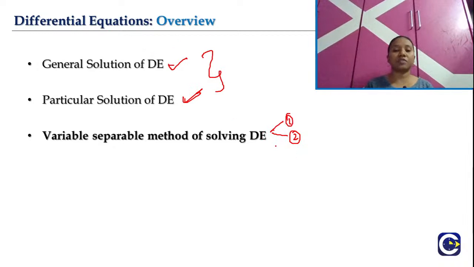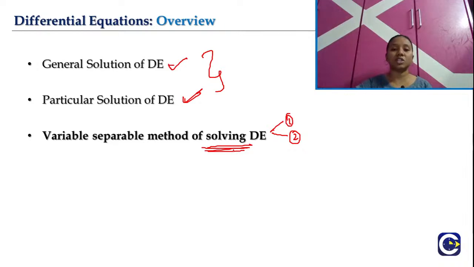So in today's session we are going to start with the third equation form, and how we solve it using the variable separable method.